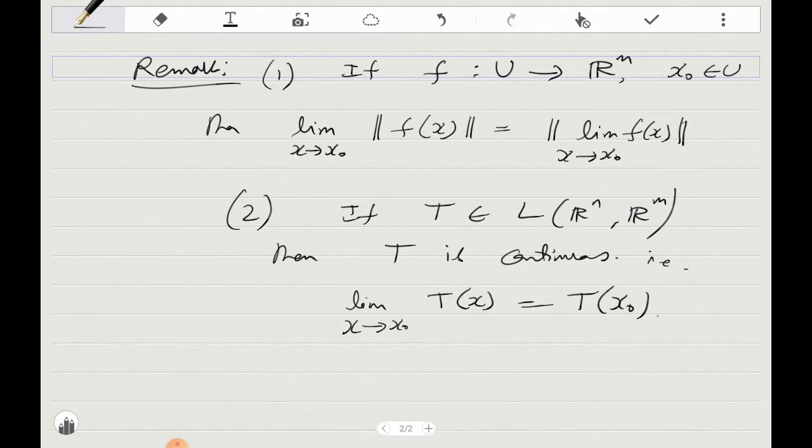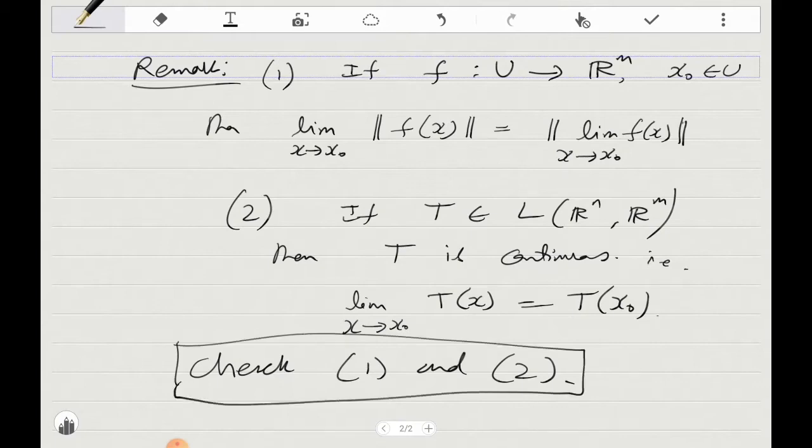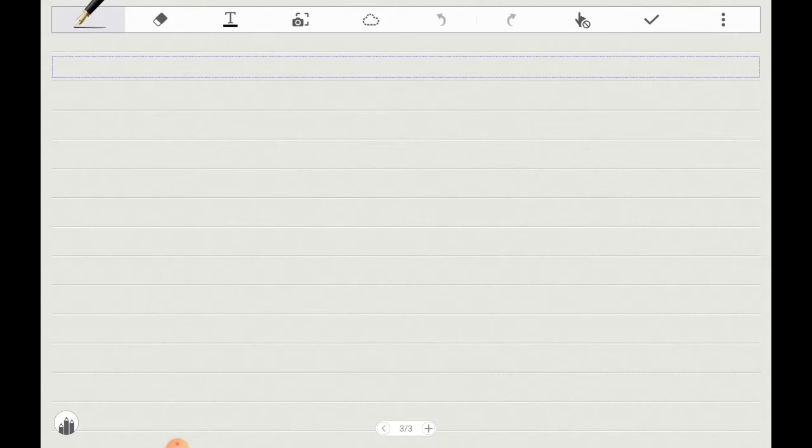So I leave it as homework for you to check these. Apart from the exercises from Rudin, I'll be giving, as I've been doing so far actually, various unproved statements from lectures as homeworks.